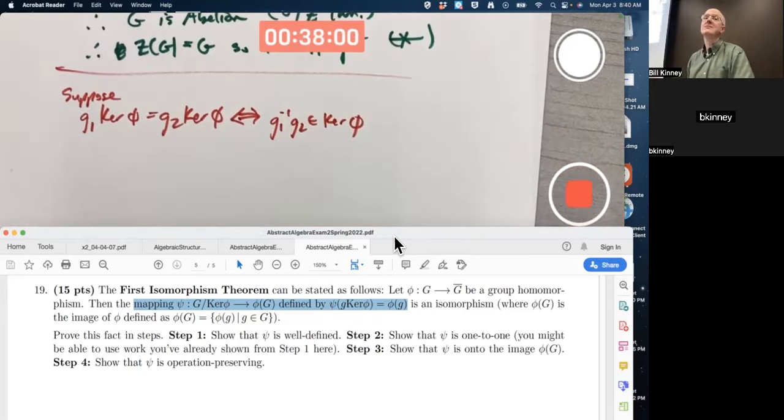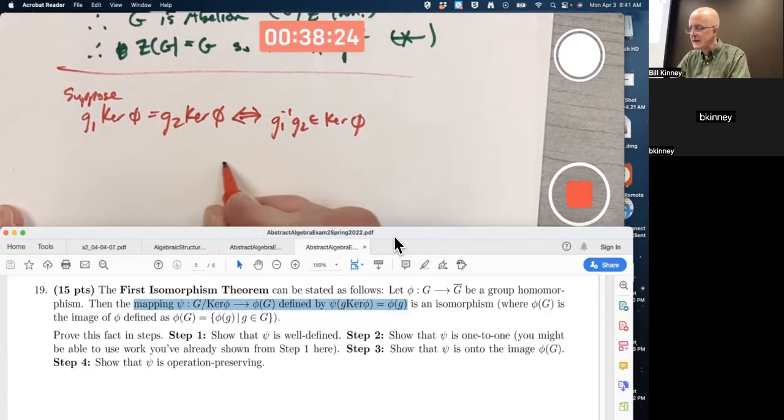You could also say G2 inverse G1 is in the kernel. The roles of G1 and G2 are symmetric. But the inverse does need to be put on the element on the left, not the one on the right. Why? I'll let you study it to remind yourself why. We did talk about that.